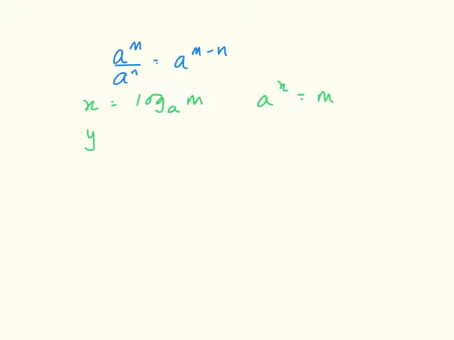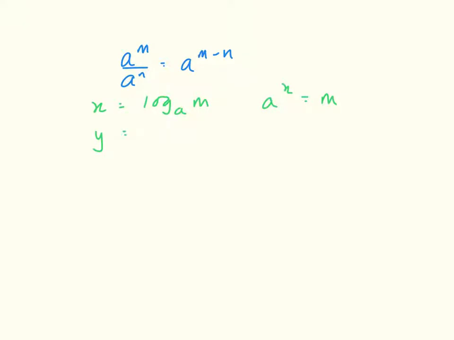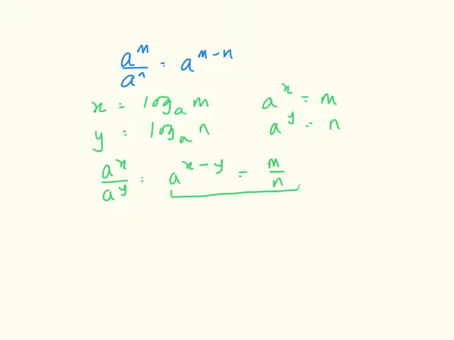Similarly, if y is equal to log base a of n, then a to the y is equal to n. Using these expressions, we now can use our exponent law, and we have a to the x divided by a to the y is equal to a to the x minus y, which of course we know is m divided by n.